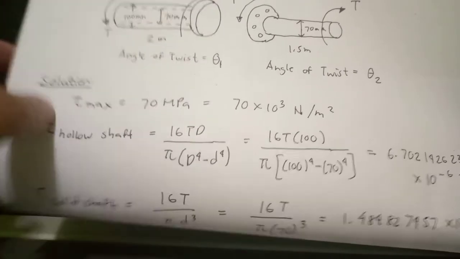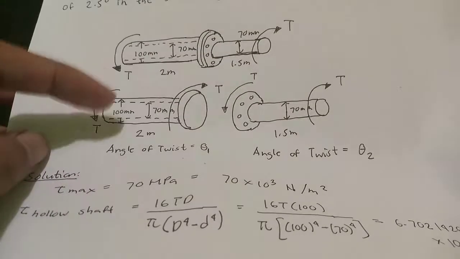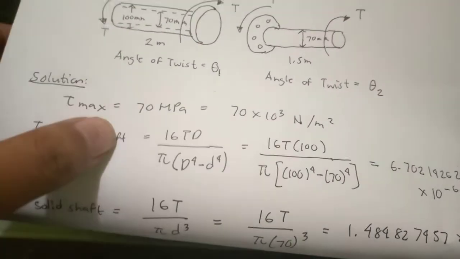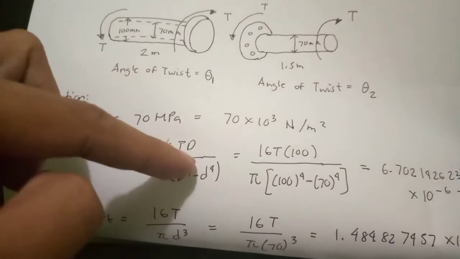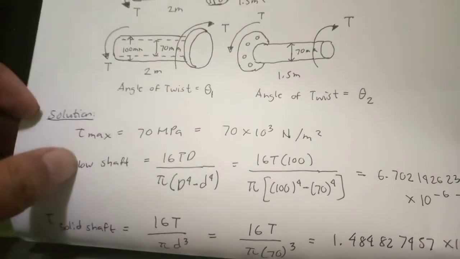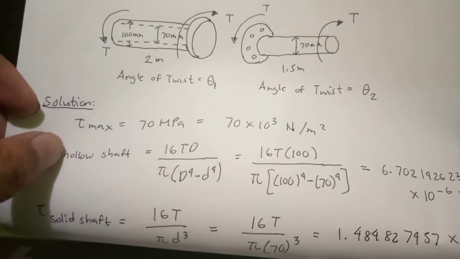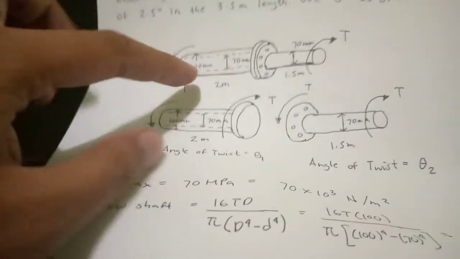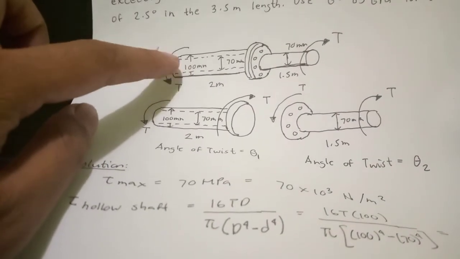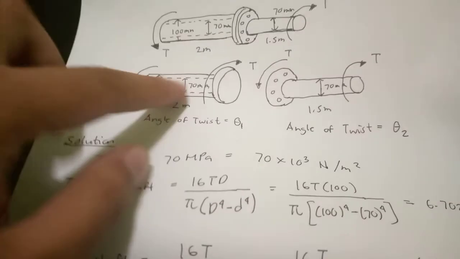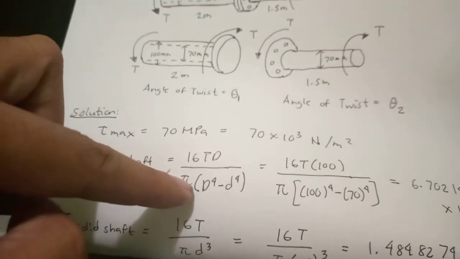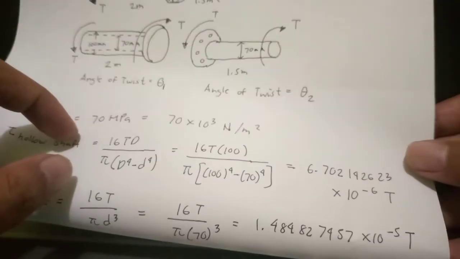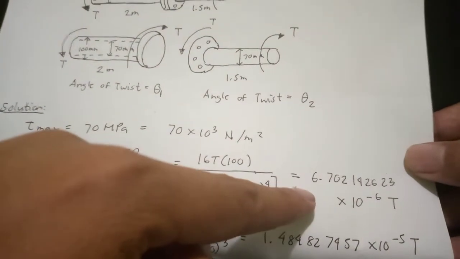In this problem, the value of your torsion T we do not know. So what we do is substitute all the values which are given. Since the big D, or the outside diameter, is given, and the inner diameter is given, we substitute. So that's why we get this value.